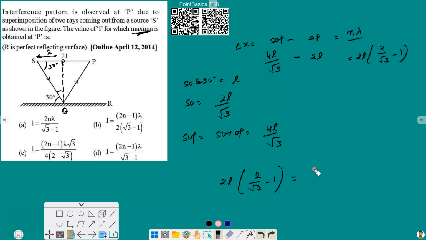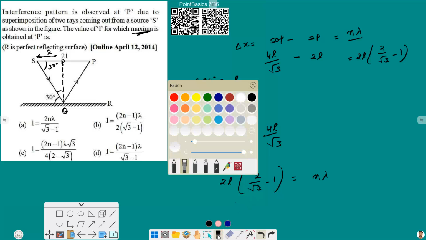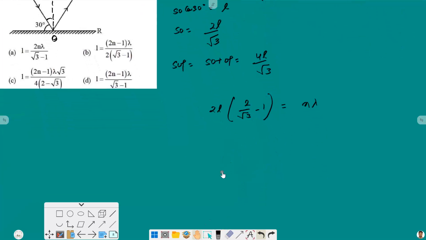Let us write the path difference as n lambda. So from this, if we calculate L, we can take the LCM. So this will be 2L into (2 minus root 3) by root 3, and is equal to n lambda.